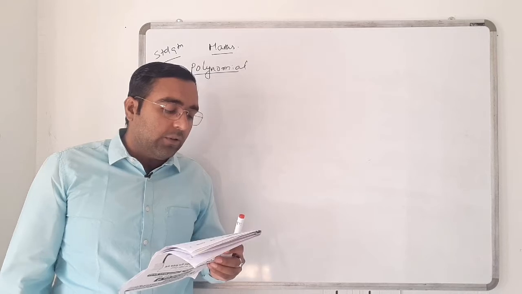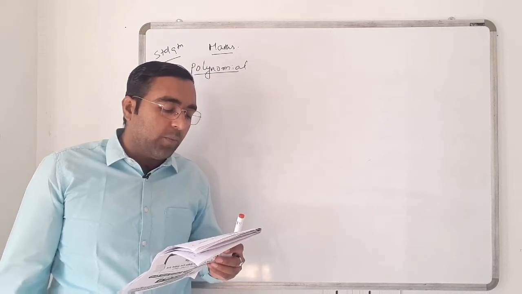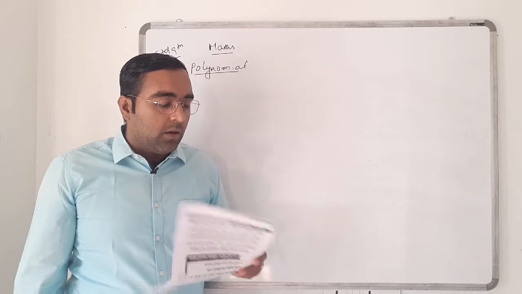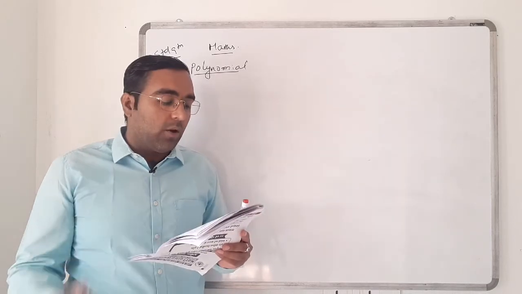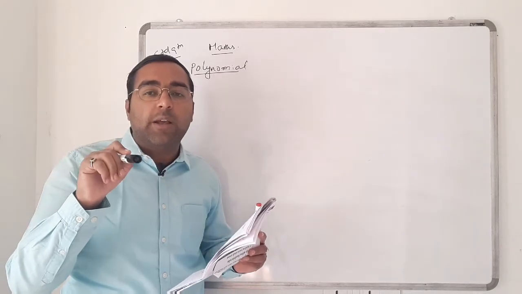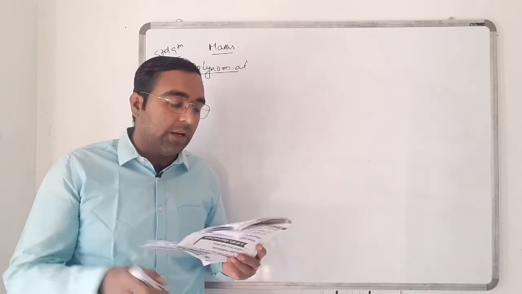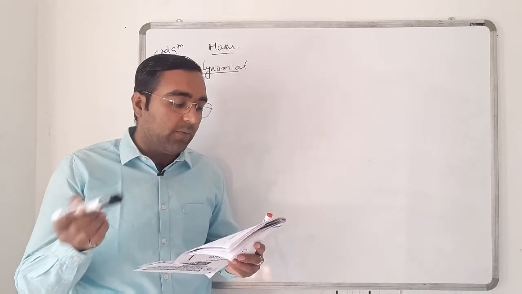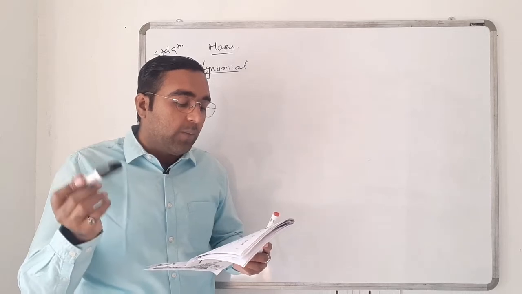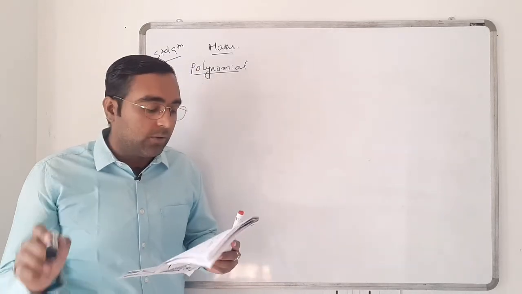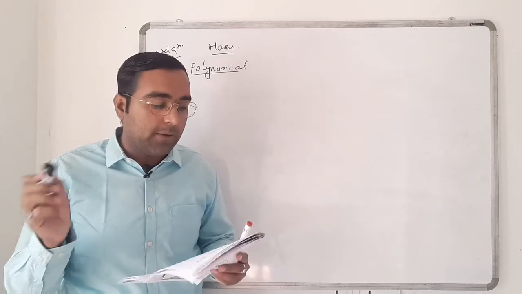Another look at which of the following is not a polynomial in x. In option A, x plus 1 upon x, and 1 upon x means x raised to minus 1, so the power of x is negative. In option B, x is under a square root, so that is also not a polynomial.